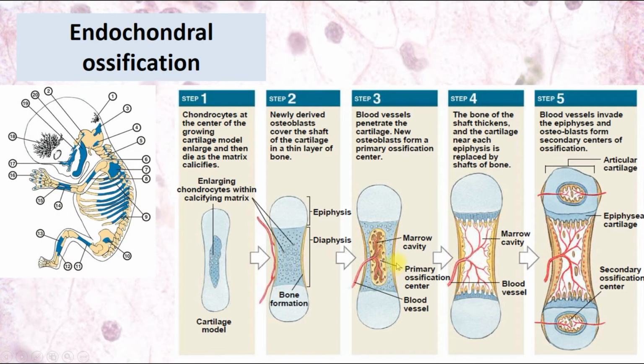Another way of ossification, endochondral ossification, is development in the place of a pre-existing cartilage model. So here we can see the cartilage model. It's made up of hyaline cartilage, and all bones except those which have the direct way of ossification have a cartilaginous model. And those models are growing.